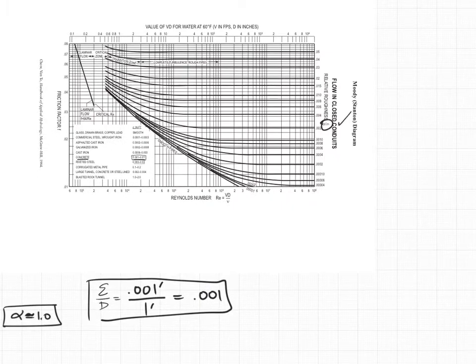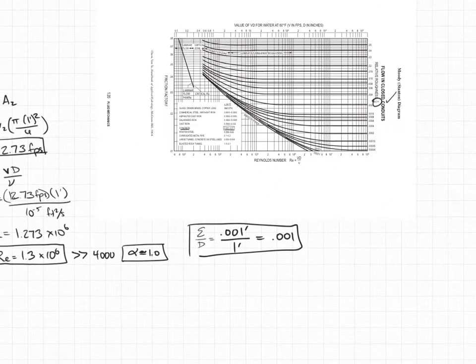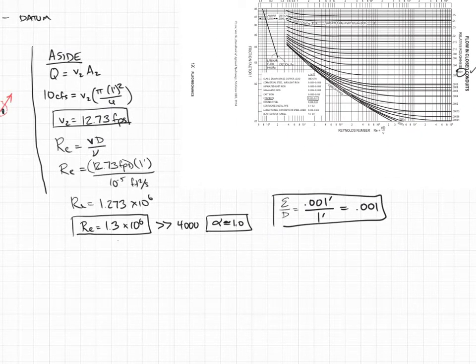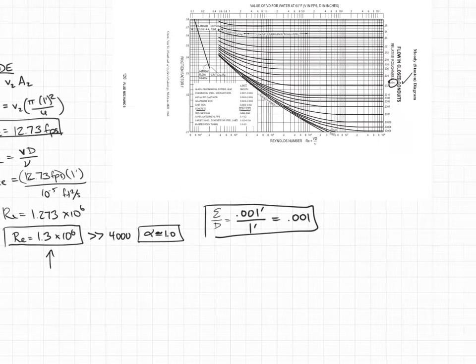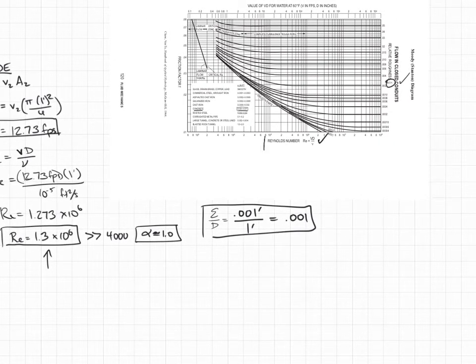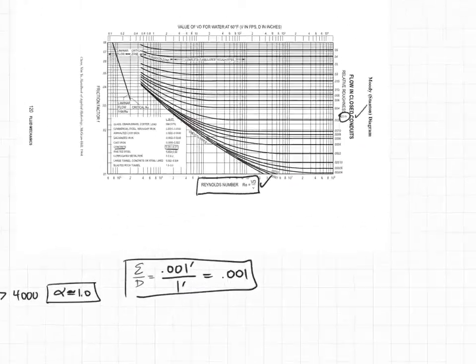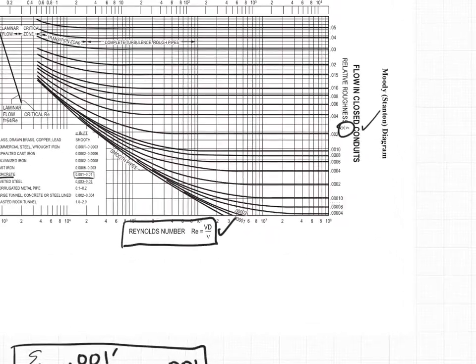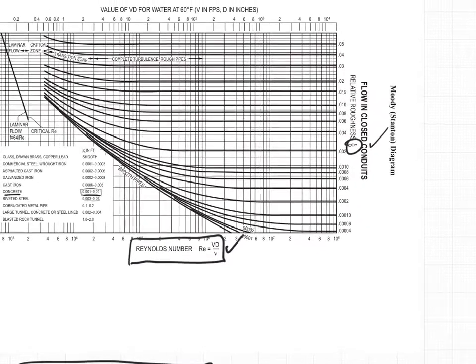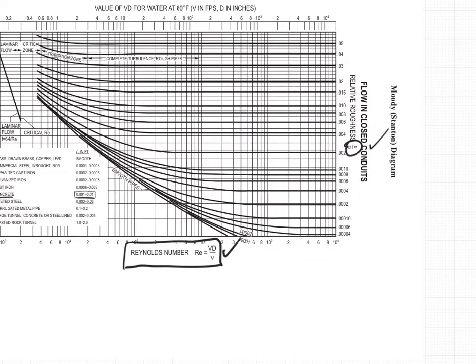Reynolds number. Well, we already calculated the Reynolds number. That's nice. 1.3 times 10 to the 6th. So we've got this. Now we're going to go ahead and solve for our F. Let's zoom in. The way we do this, I'm going to do it in a different color. Let's do this in green, because black's not really going to show up too well on this.